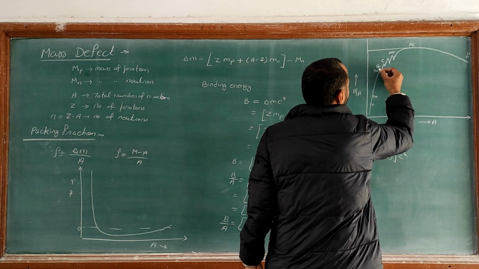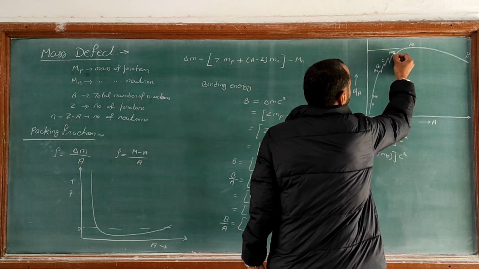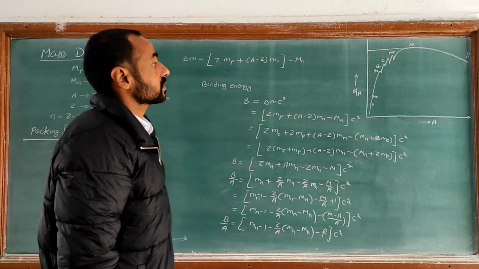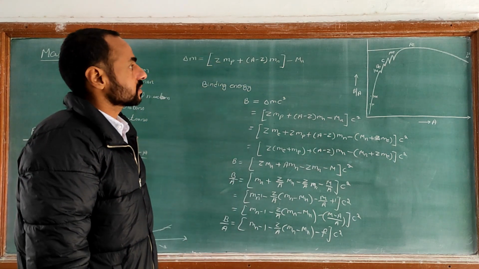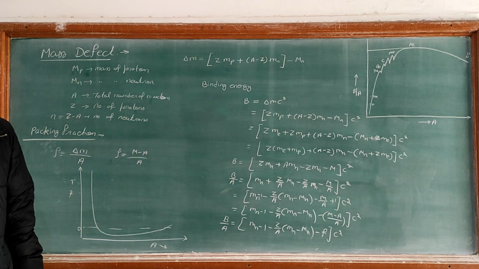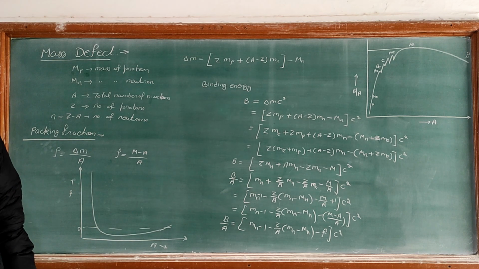These spikes indicate that these particular nuclei are more stable in comparison to their neighboring ones. That means they are more stable in comparison to their neighboring ones.